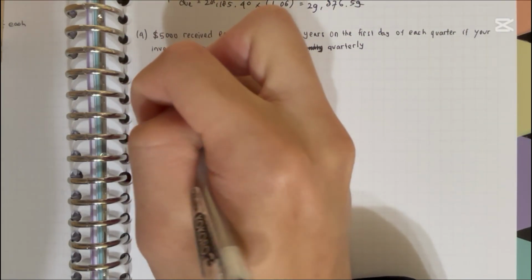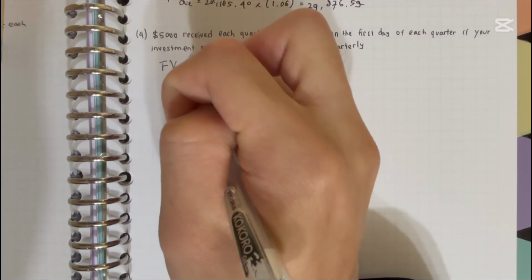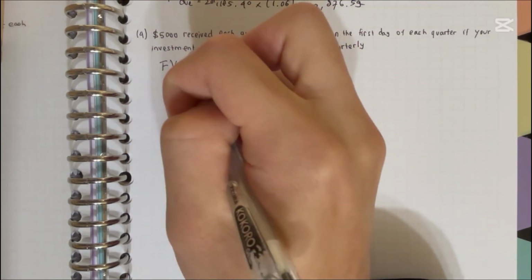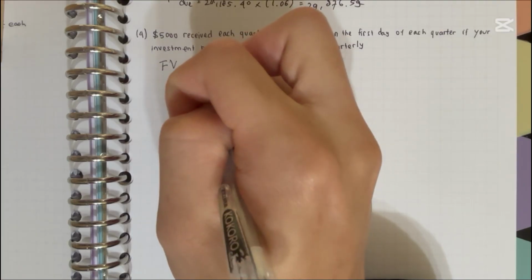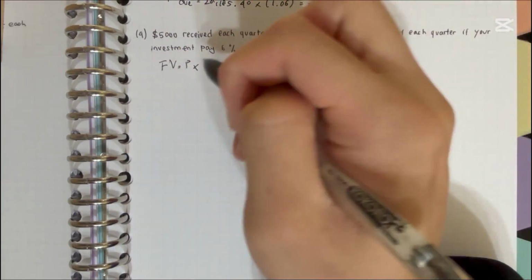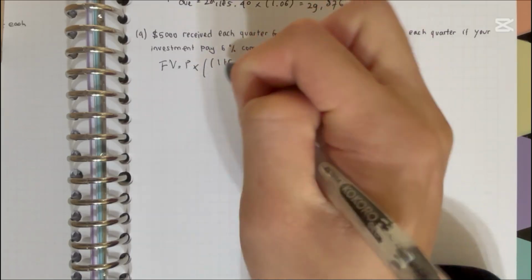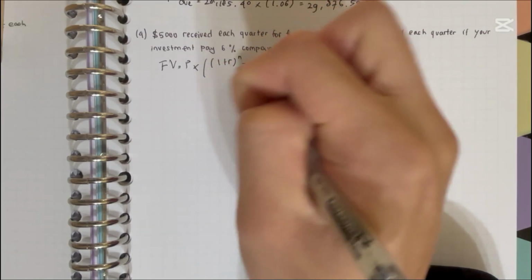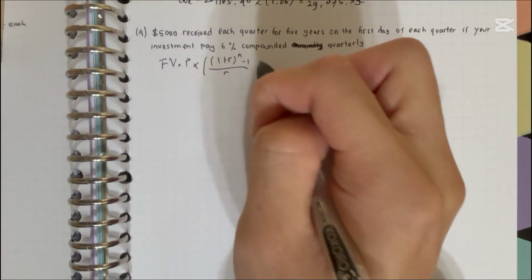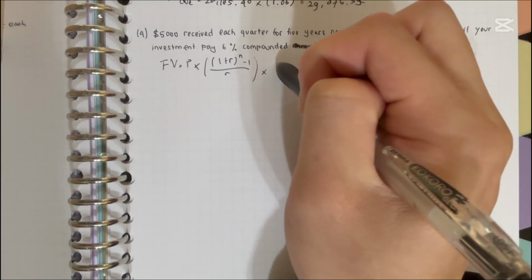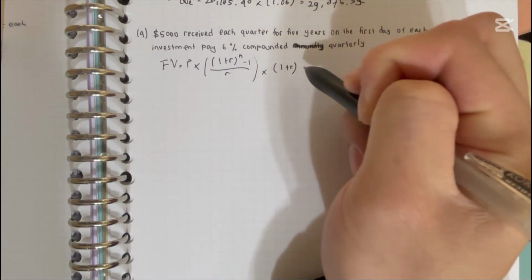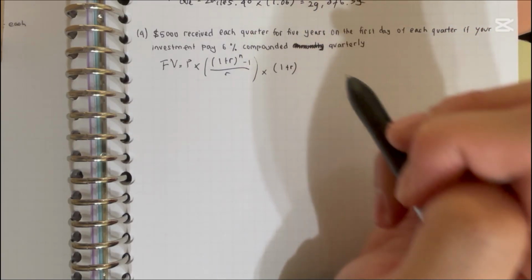So we are using the same future value formula, that is P as our payment multiplied by open bracket 1 plus r raised to the power n minus 1, divided by r. Then we also need to multiply by 1 plus r at the end of the formula because the payments are made at the beginning of each quarter.